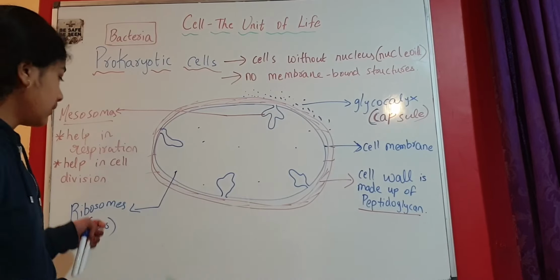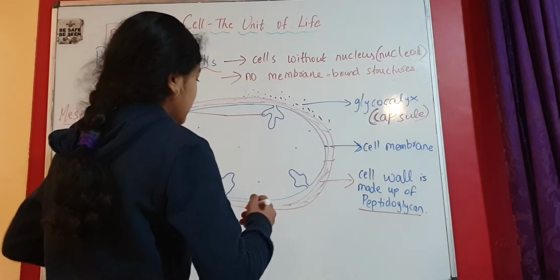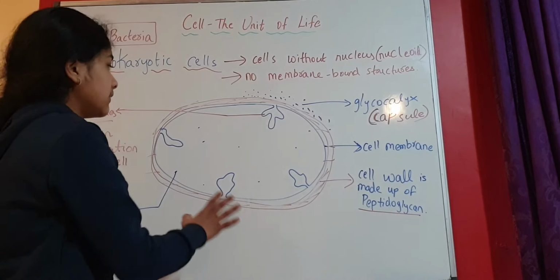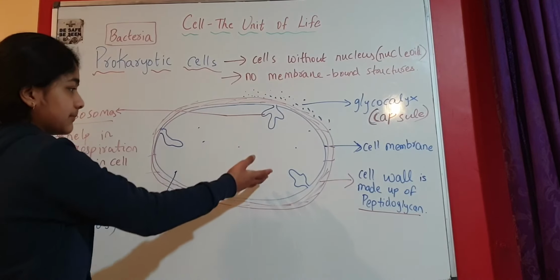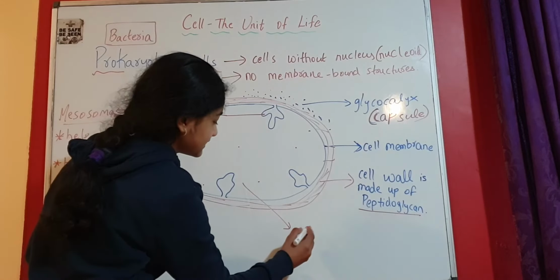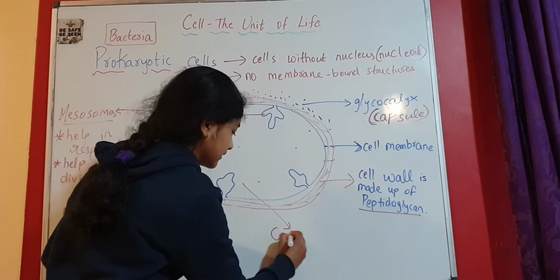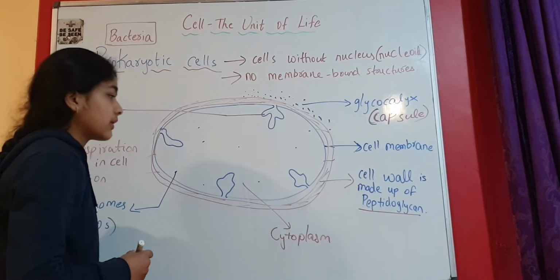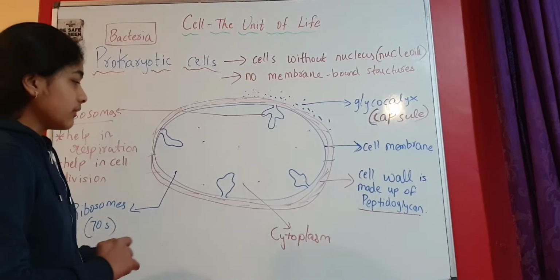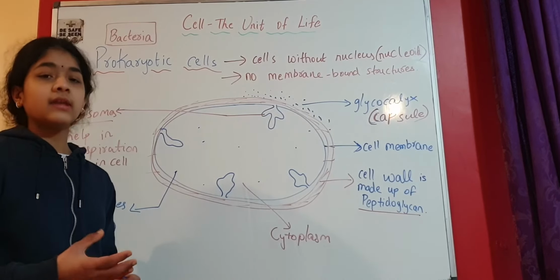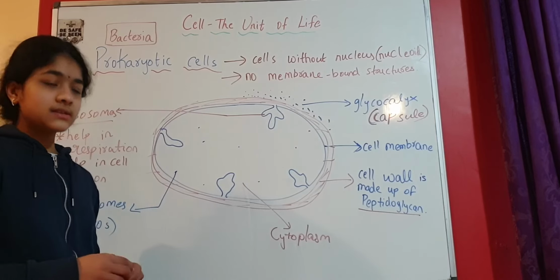Next, the whole fluid, or the gel, the jelly-like substance which is present in the cell, is called cytoplasm. This is the basic thing. Cytoplasm is the main area for chemical reactions to happen in the cell.